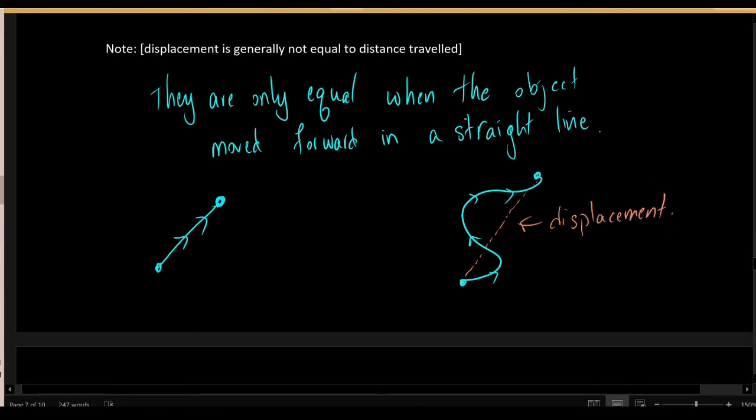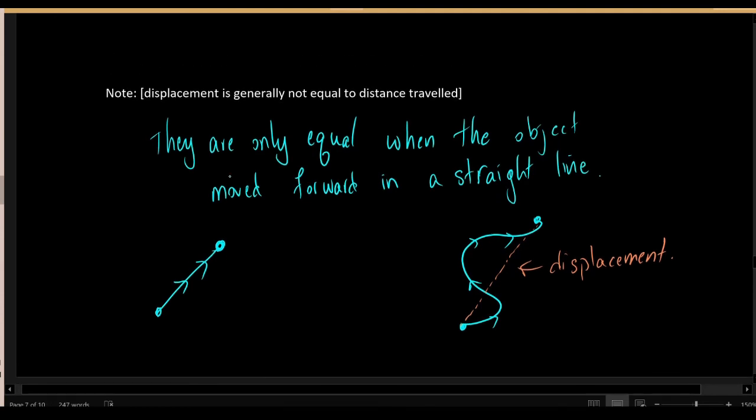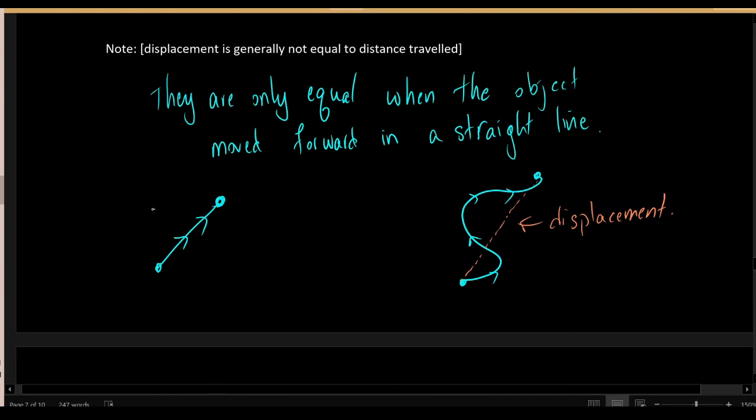So the question is, if the distance traveled by the object is not equal to the distance between the initial position and the final position, how does one actually calculate the distance traveled by the object? How does one calculate the length of this blue curve that captures the entire journey taken by the object as it moved?